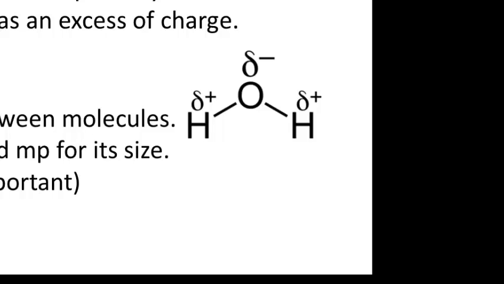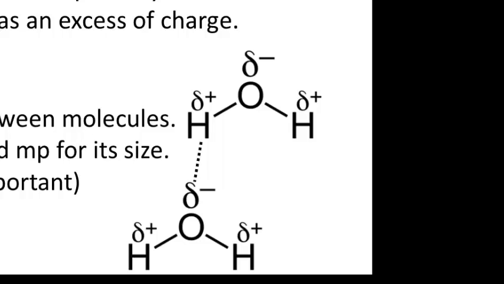Now, if you remember with ionic bonding with sodium chloride, the attraction was really between opposite charges, the sodium and the chloride. Well, if two water molecules can come next to each other, a partially positive end of one water molecule can interact through an electrostatic interaction with a partially negative end of the other water molecule. Okay, that is, there can be weak coulombic or electrostatic attraction between water molecules.